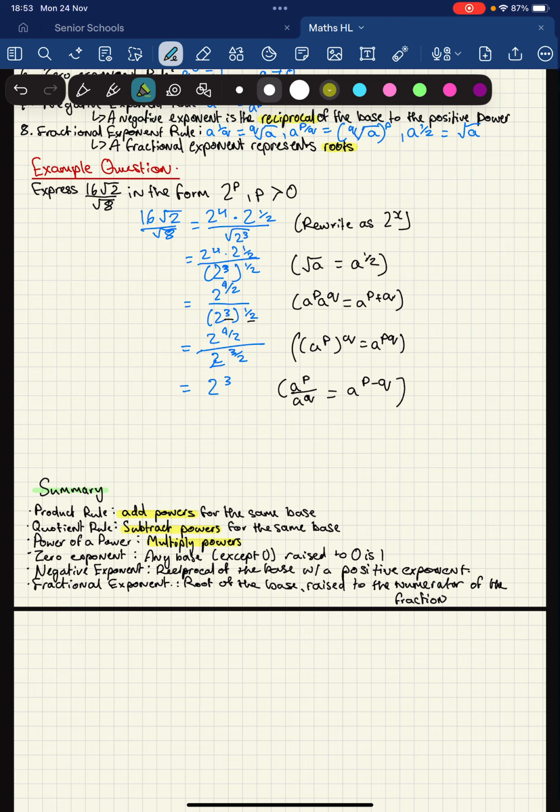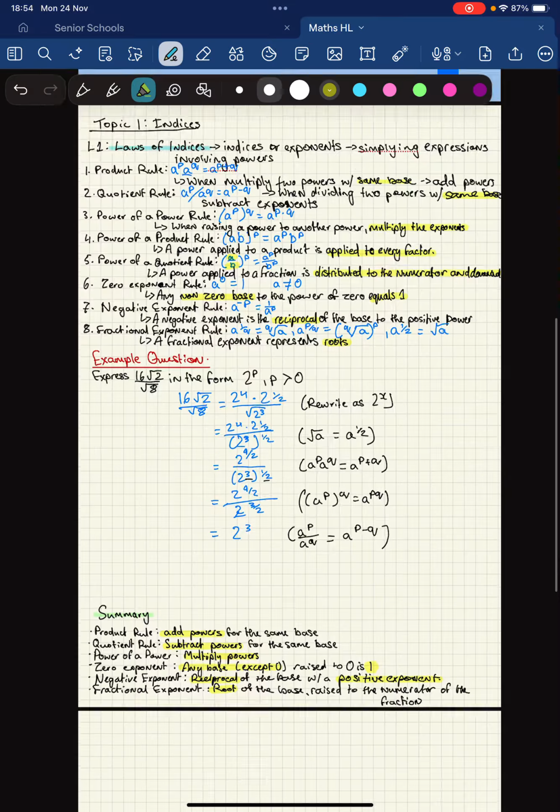For the zero exponent, it becomes 1, and also remember any base except 0. For a negative exponent, you always remember you need the reciprocal of the base and your positive power. And for your fractional exponent, always remember you want the root of the base raised to the numerator of the fraction.